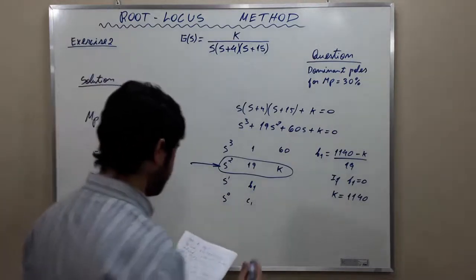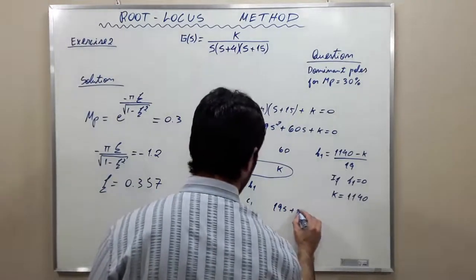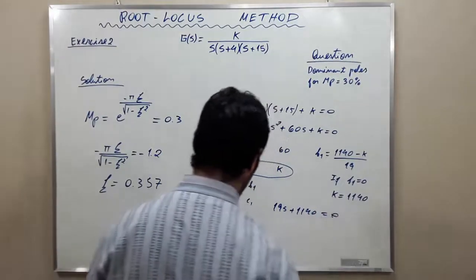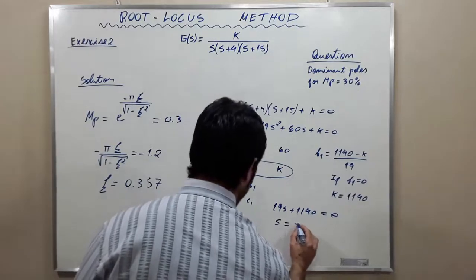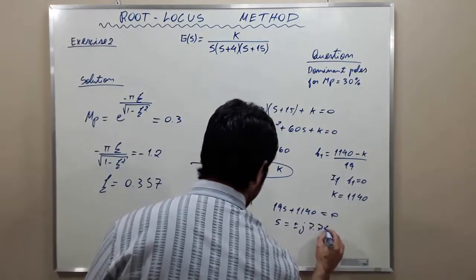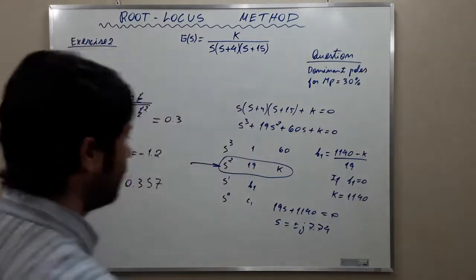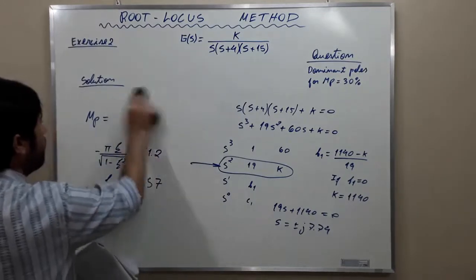And 19 s squared plus 1140 equal to 0, where s is equal to plus minus j7.74. All right. I'm going to erase it here for more room.